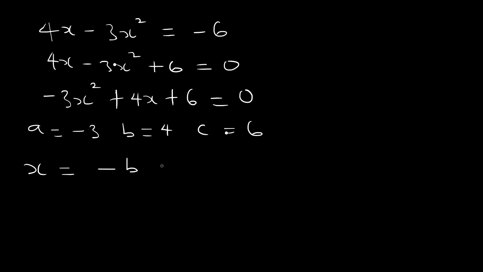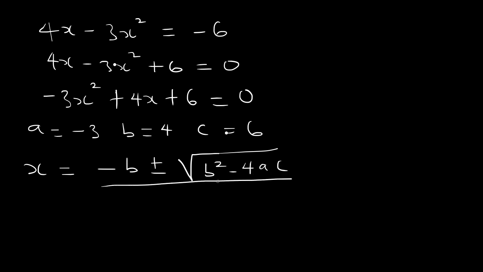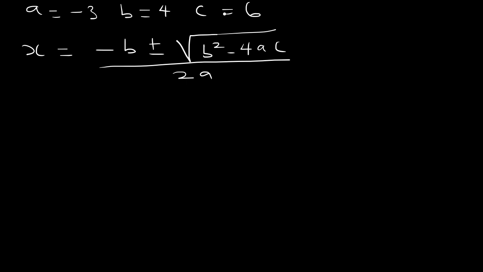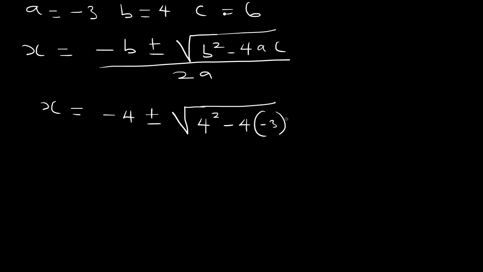So the next thing is to substitute in our formula, and we have that x is equal to minus b plus minus the square root of b squared minus 4ac all over 2a. So we are going to substitute the values of a, b, and c into this formula. So we'll have x is equal to minus b. Our b is 4, so here becomes minus 4 plus minus square root of b squared. So here becomes 4 squared minus 4 times a. Our a is minus 3 times c.